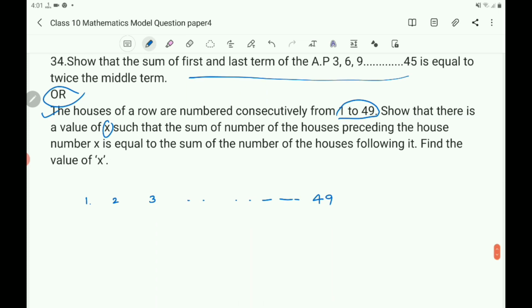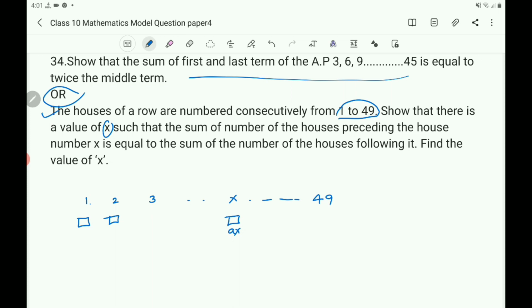So here this is the first house, second house, this way. And let us consider there is a house x, that is Ax. The house number is x, and that is the term Ax.